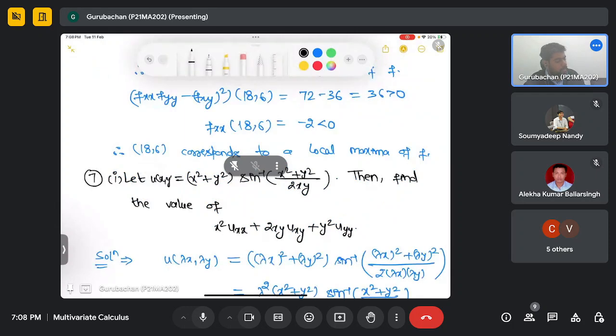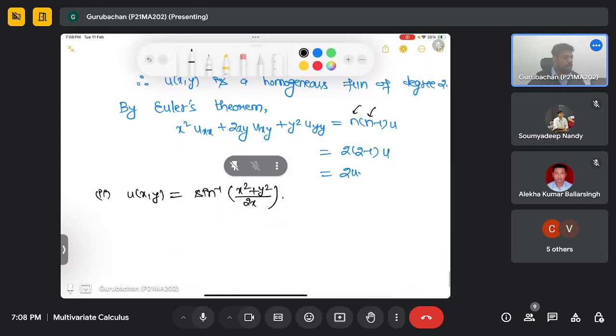Try it. First of all, the question arises, is this function a homogeneous function? No. How? By putting lambda x and lambda y, we can see that we can't express it like that. We can't get lambda outside.